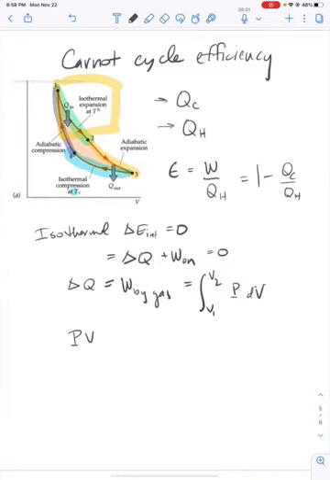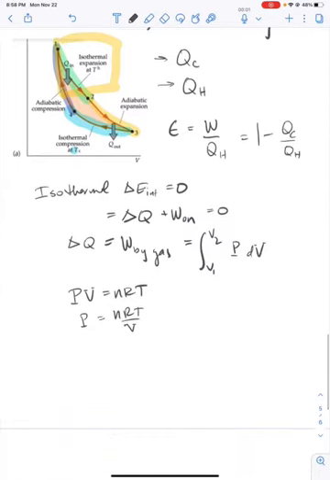And we can't just do this integral easily because the pressure is a function of the volume, but we can use the ideal gas law to say that PV equals nRT.